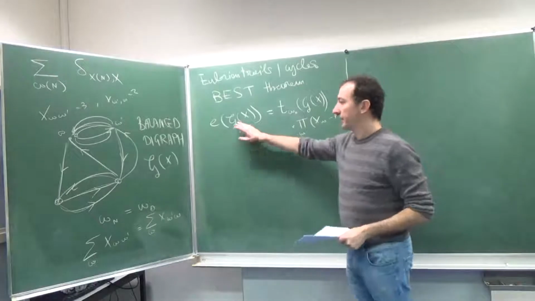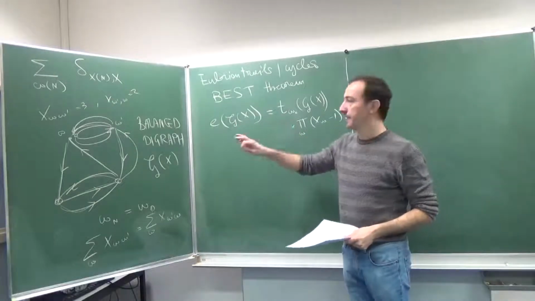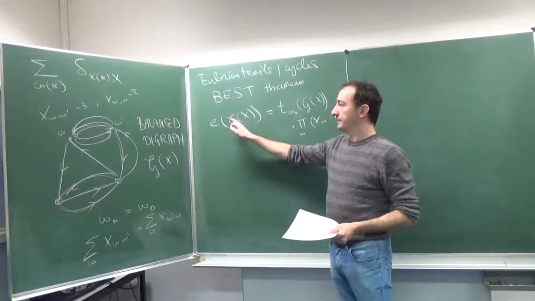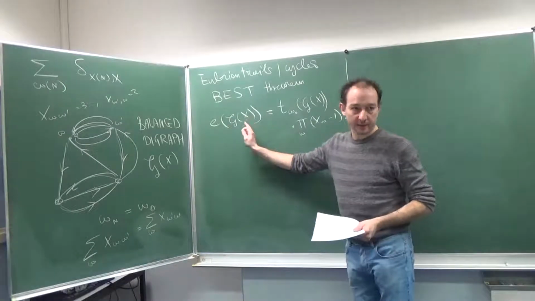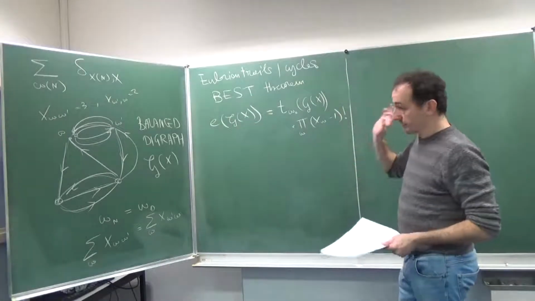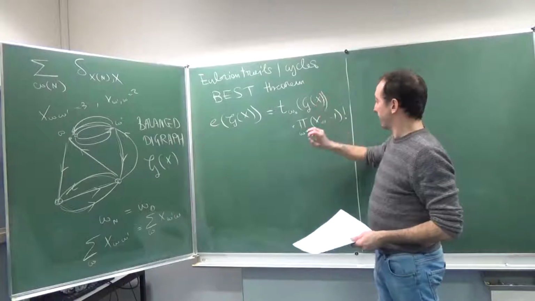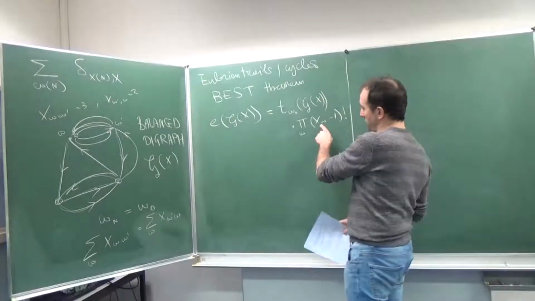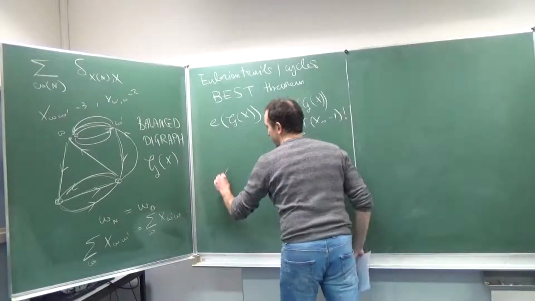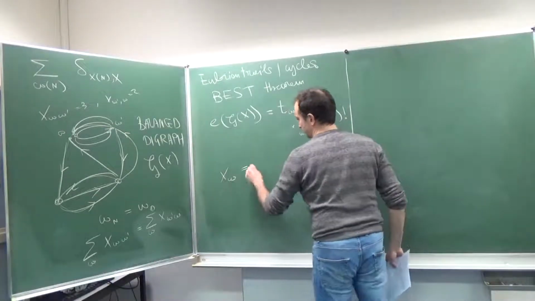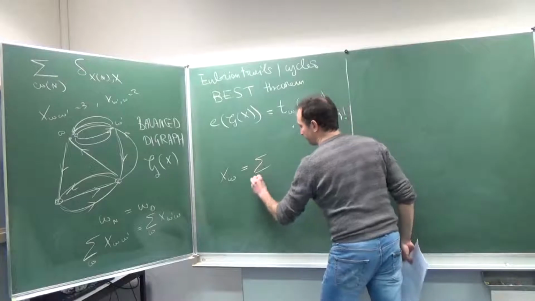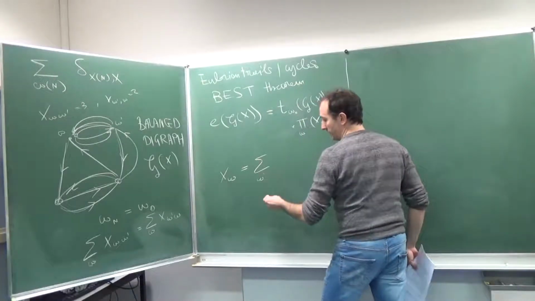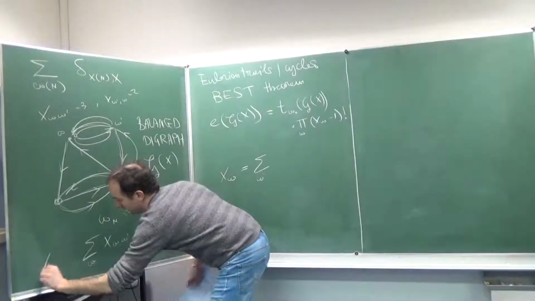So the number of paths that I can draw without lifting the pencil on a balanced digraph in such a way to use all of the arrows, not at least once, just exactly once, is given by a product of the factorials of x omega minus 1, where x omega is the out degree, or also the in degree.